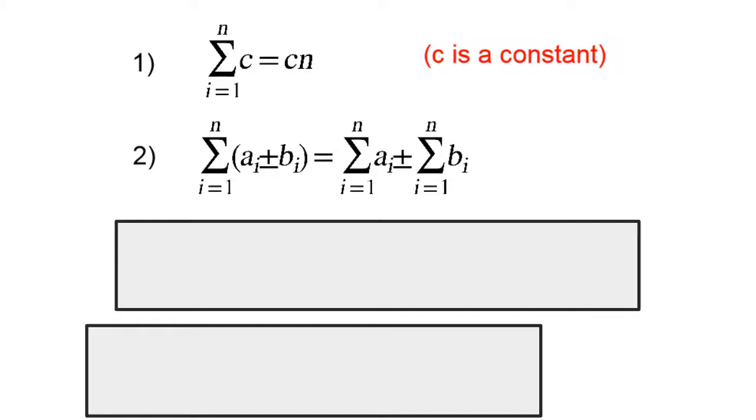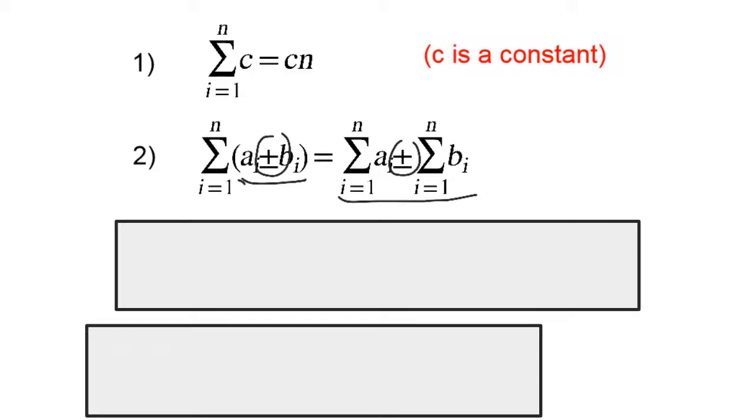If I have two sequences added together within the summation, I'm summing the sum of those two sequences. So I have two sequences that are being added or subtracted from one another within the summation. When I see that, I can simply split those apart into two separate summations, and the plus or minus matches whatever it was between them.